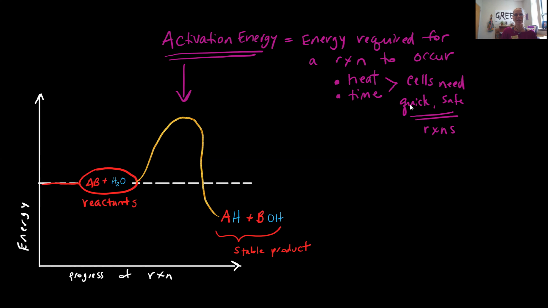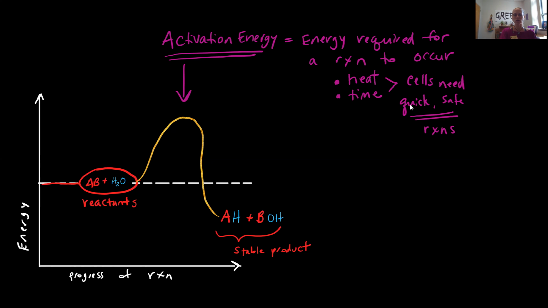Cells can't allow a big combustion of heat or a big input of heat into a chemical reaction, and cells can't wait hours, days, months, years for reactions to happen. We need our chemical reactions in cells to happen fast, and so we can't wait for this huge amount of activation energy that's typically required.